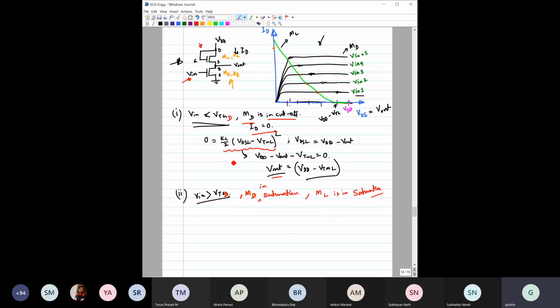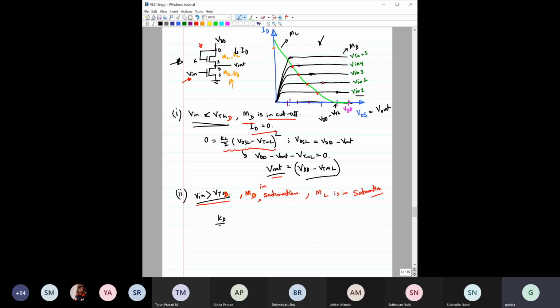So then can you construct an equation between V output and V input for this range, when V in is greater than, that means from here till here? I think definitely you can, right? So what would be this equation?